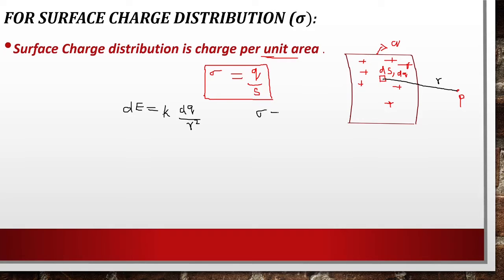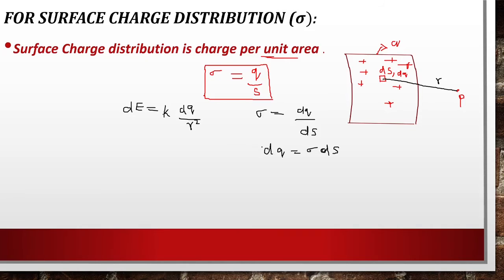Sigma is equal to, in the small area our charge is dQ, charge per unit area is ds, dQ by ds. And from this we get dQ is equal to sigma ds.